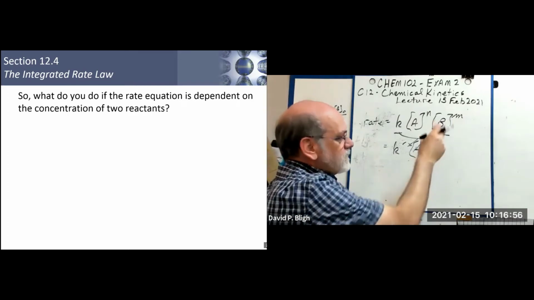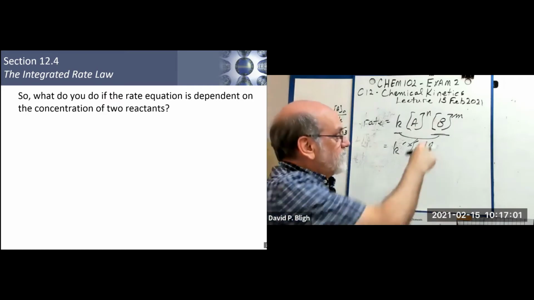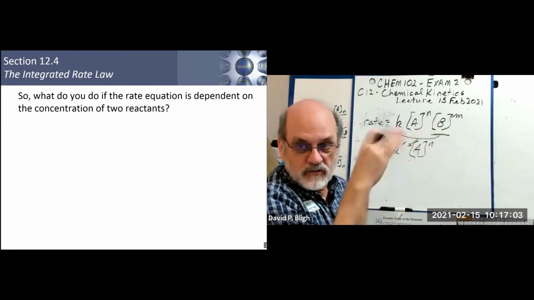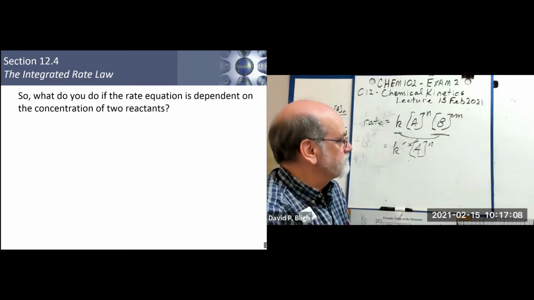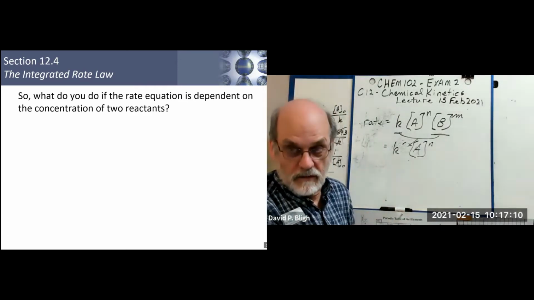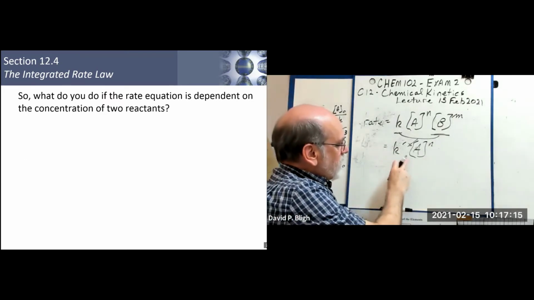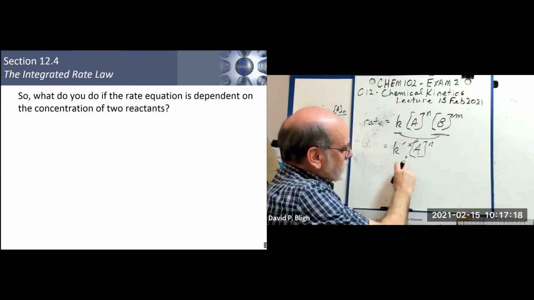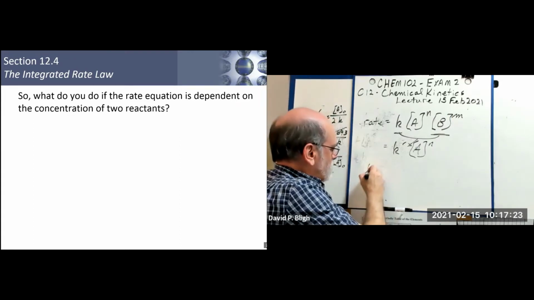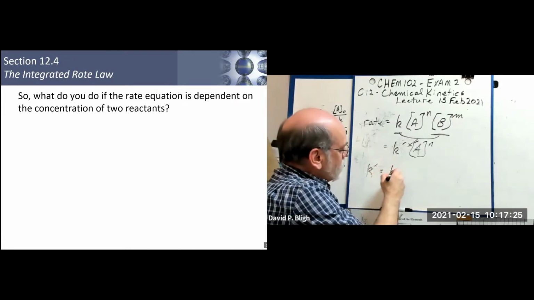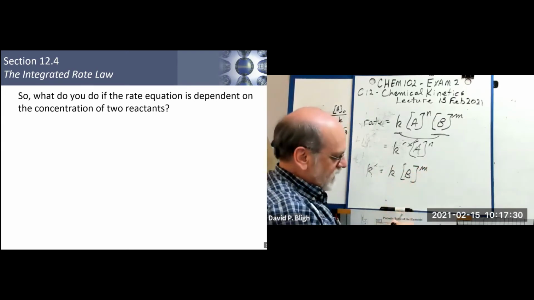Only this time, in our lab exercise, we take the concentration of B and decrease it to half. It's still a rather large concentration. So you're studying the rate in terms of this reaction again. And this K prime then is equal to the real K, like that.